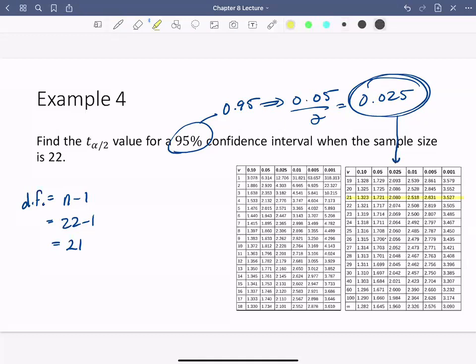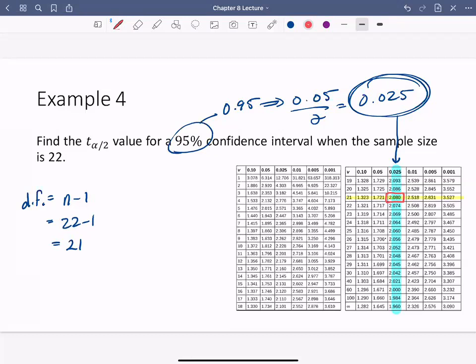And we look down this column, and where they intersect, this is what our value would be for the 95% confidence interval with the sample size of 22. So it's not as easy as memorizing your z values. You have to actually go to your table to find it.